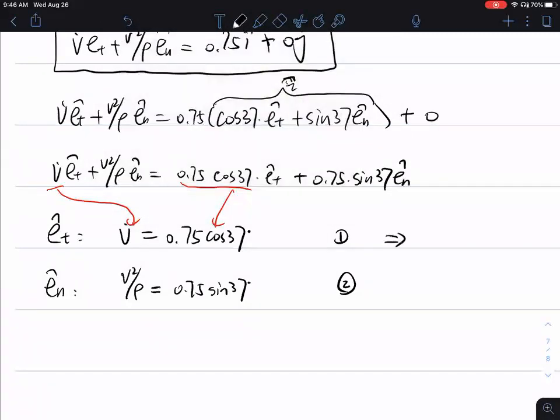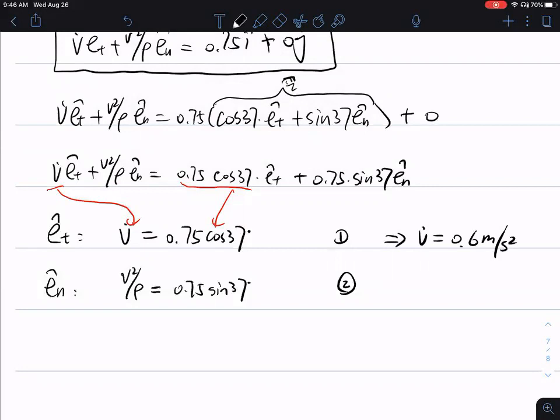From the first scalar equation, our V dot can be solved right away. Oops, sorry, that's not speed. It's 0.6 meters per second squared.